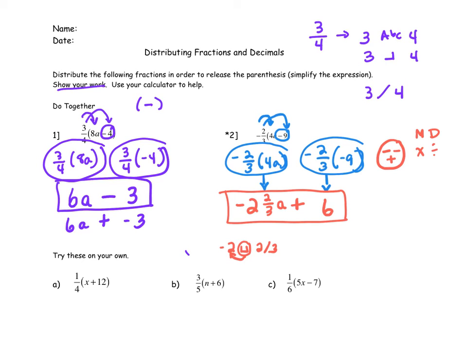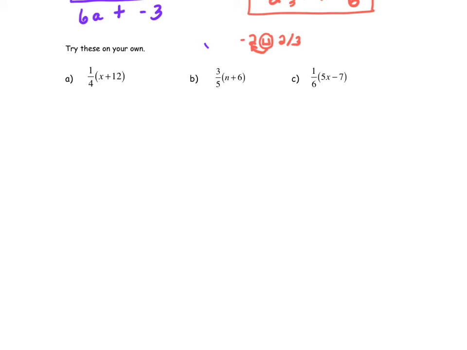So what I'd like you to do is to try the next ones on your own. However, I do see something on the problems you are to complete that I do want to address. Since this seems to be sometimes problematic, this time I see 1/4, and you're going to notice there's not a coefficient or a number in front of the variable.